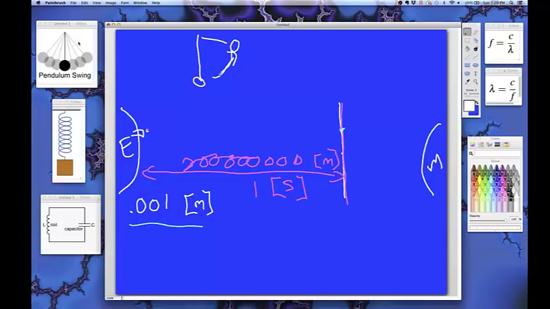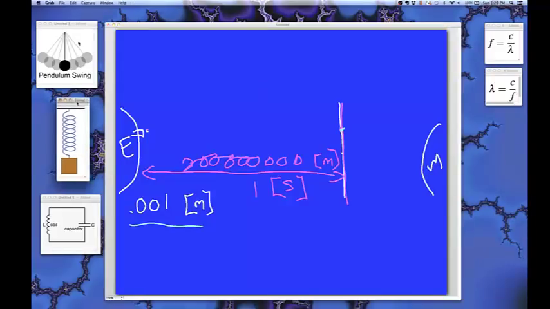And when the pendulum is down here, it's got the maximum kinetic energy. Then when it goes back up here, it's got the maximum potential energy again. So light is continuously sloshing between potential and kinetic energy.